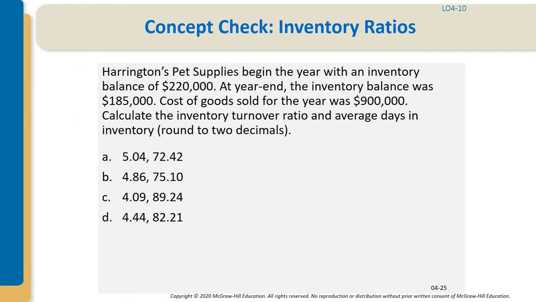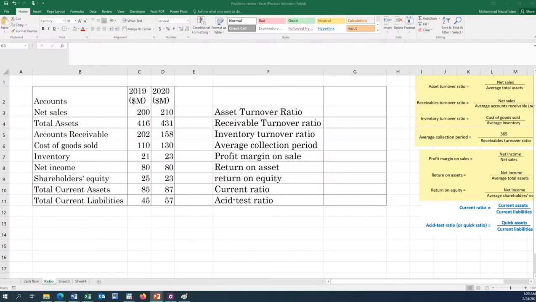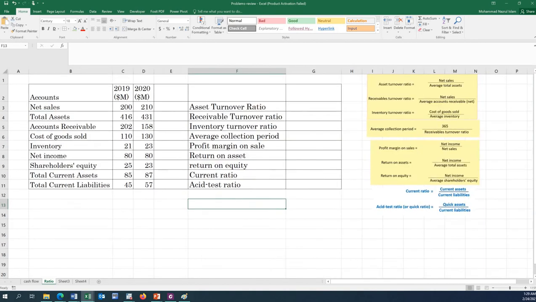And let's solve one problem. So here is the problem. You can see that, okay. So we have the different accounts: sales, assets, receivables, cost of goods sold, inventory, net income, shareholders equity, total current assets, total current liabilities for 2 years, 2019 and 2020. Okay, so first, let's calculate the average.